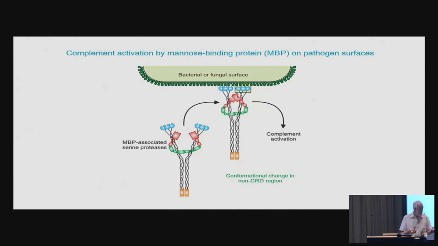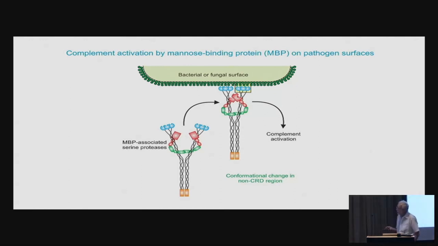Mannose binding protein is a serum protein, as Maureen said. It's involved in initiating complement fixation, but that's still a matter of transmitting information. You have to tell the complement, this is a foreign cell surface, and activate complement on that surface so that the pathogen will be neutralized.